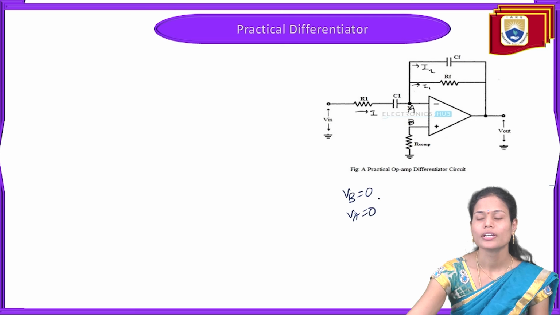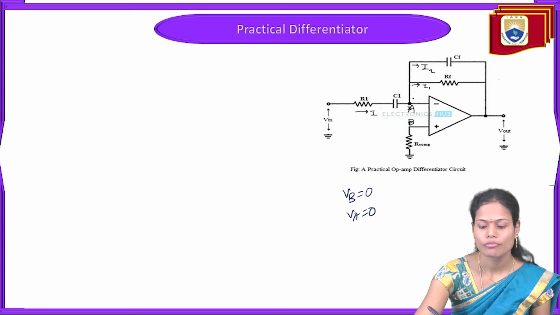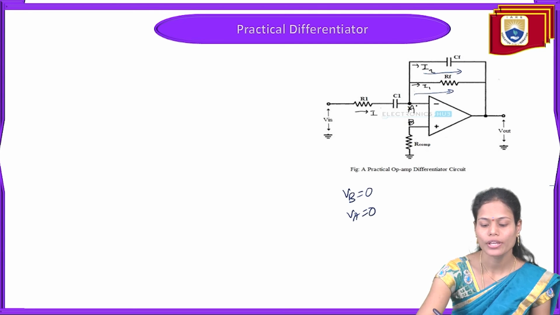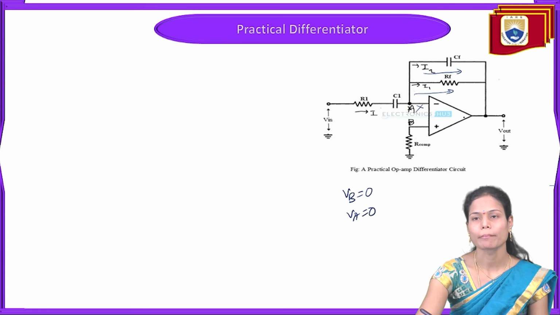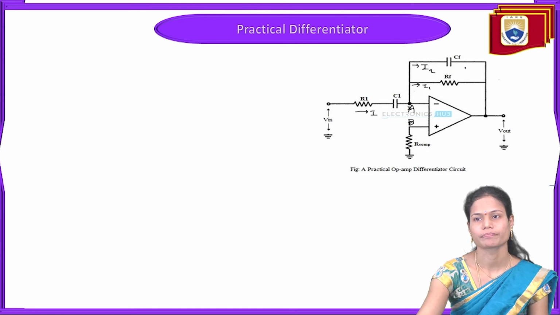So once VA is 0 and VB is 0, the current which is flowing in the R1 C1 is flowing into the RF resistance as well as the CF capacitor, and it is not flowing in the op amp here. So the total current I is the sum of I1 plus I2, which are flowing in the RF and CF capacitors.